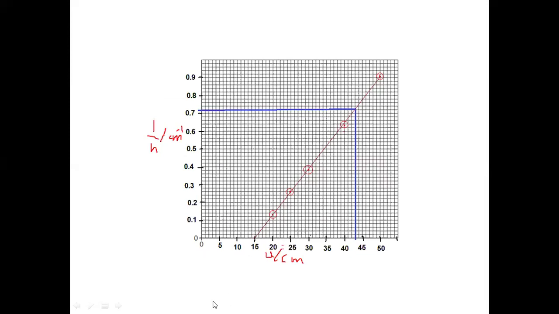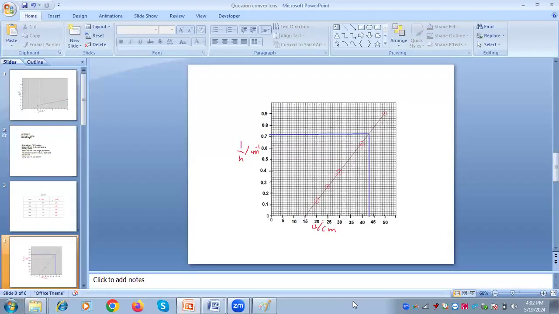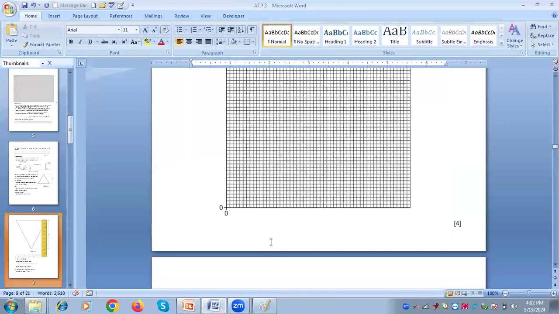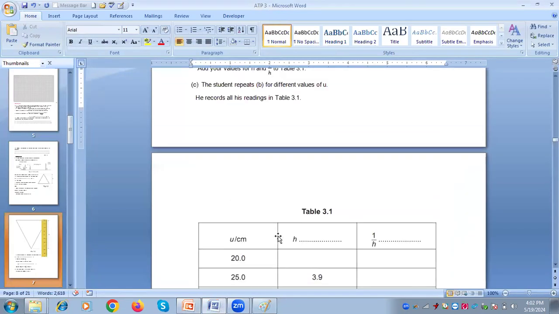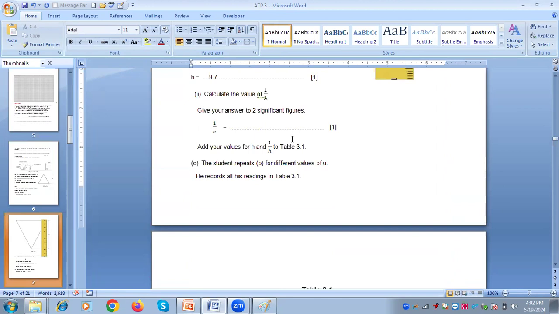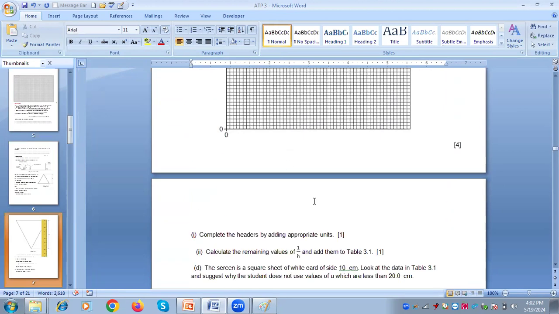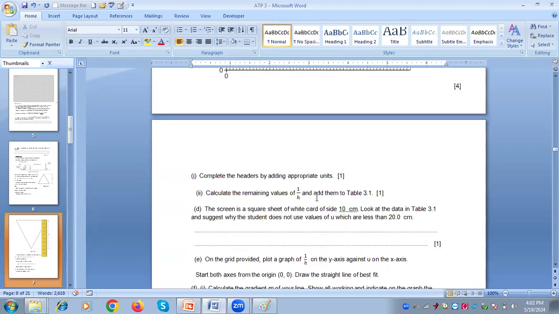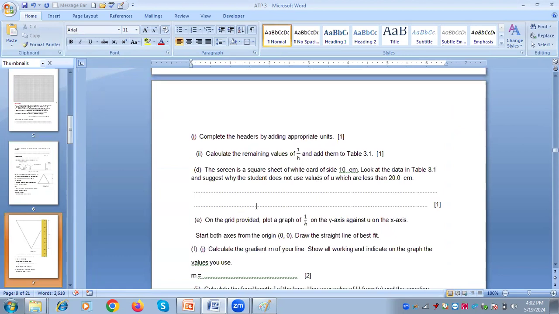Here in the question it says to complete the table, calculate the remaining values for 1 upon h. We have done all of them.